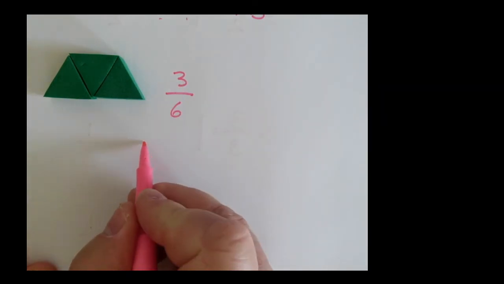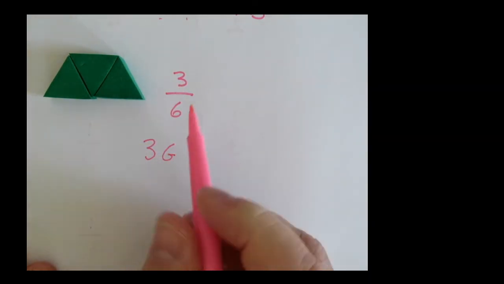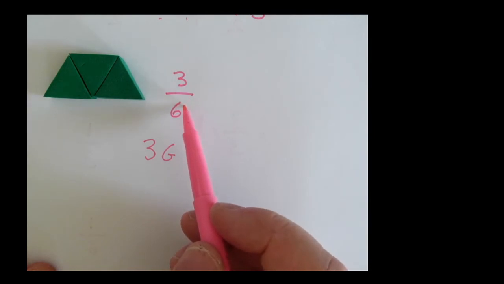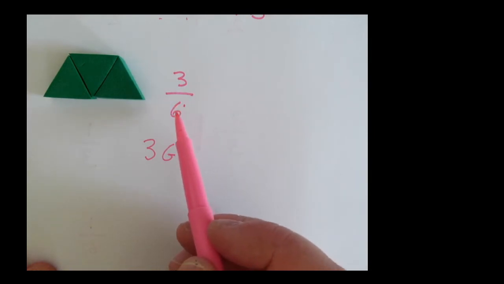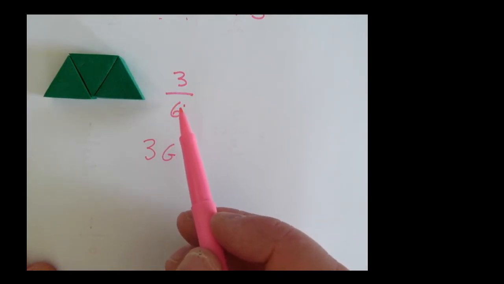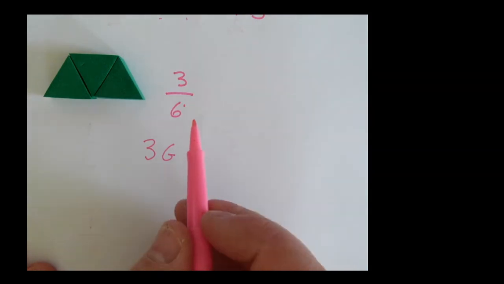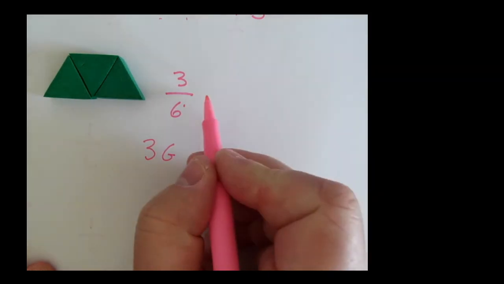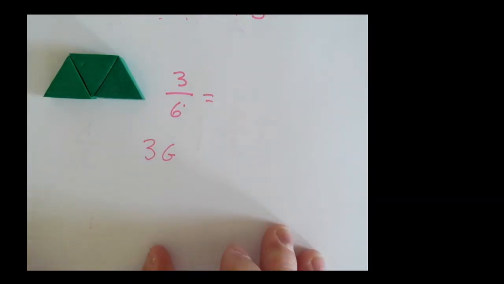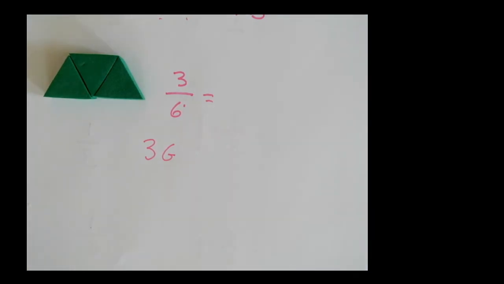The algebra version is 3g, but the fraction version, it's 3 of the 6. It takes 6 triangles to make up a whole hexagon, and we have 3 of those. 1, 2, 3. So 3 out of 6. 3/6 we'll call that. Is there a pattern block that will match that?